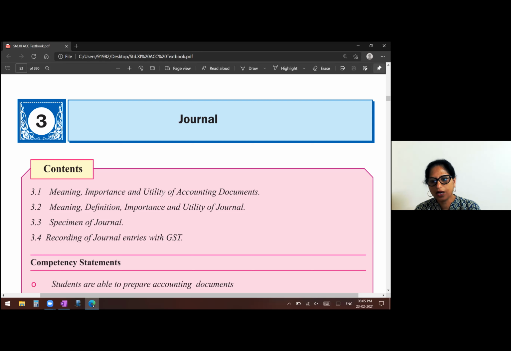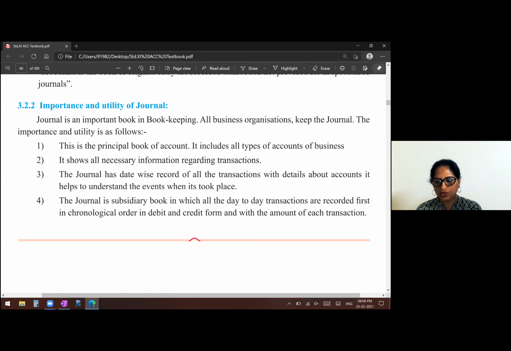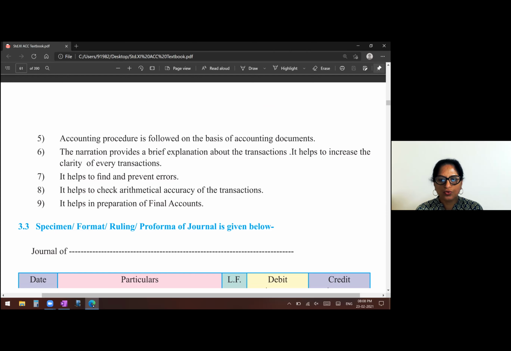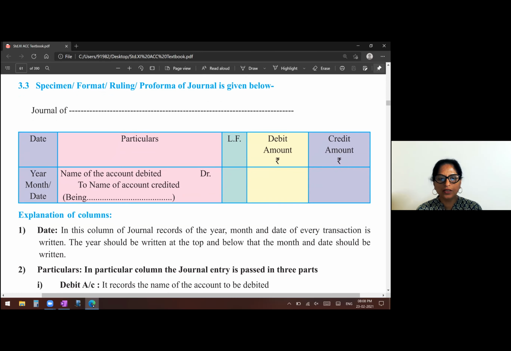So first you will write the meaning, then you will write the definition, and after that, on page 52 is the specimen of the journal. I want you to draw the specimen. So first meaning, then definition, and then the specimen of the journal.